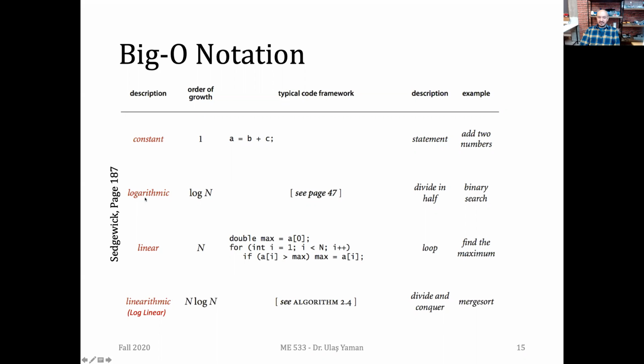Then we have another time complexity, and this is called logarithmic time complexity. Log of n, obviously, you will see that sometimes your time complexity will be not increasing linearly, but it's increasing logarithmically.